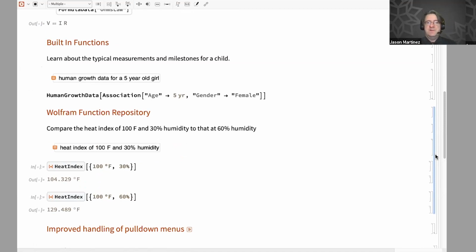So if we have some for a heat index, you should be seeing some of these for some of our mirror and lens formulas coming up soon, where it will return a function repository item that was developed by one of our interns that creates a manipulative object where you can shift around the object and see how the lines of light trace as they pass through the lens or off of the mirror.